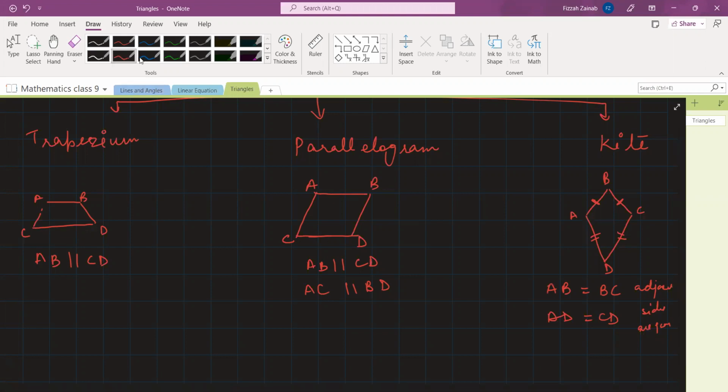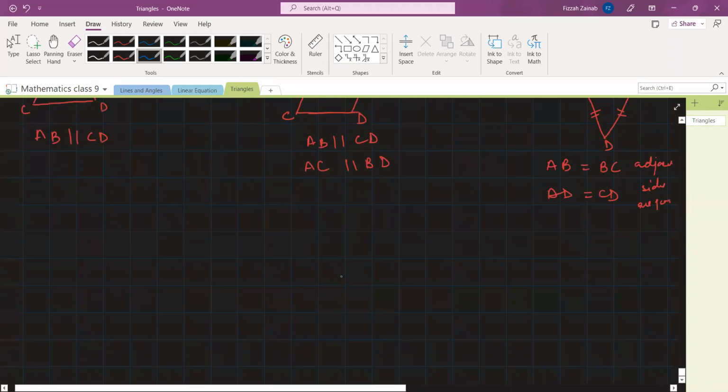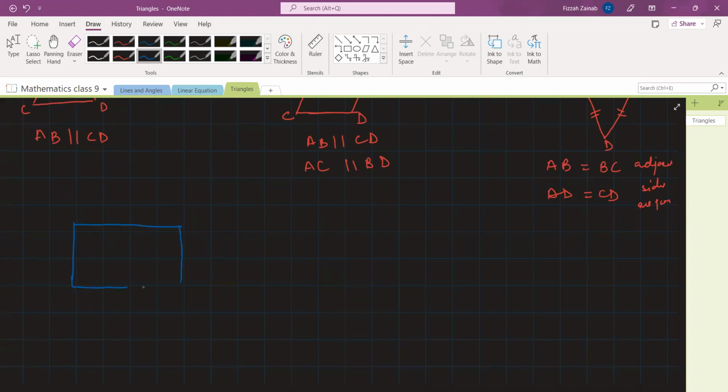Okay. Now you look at parallelogram. So I'm saying AB is parallel to CD, AC is parallel to BD, right? Now, if I draw three figures, like I'm drawing a figure like this, then a figure like this, and then a figure like this. So this is a rectangle, this is a square, this is a rhombus.